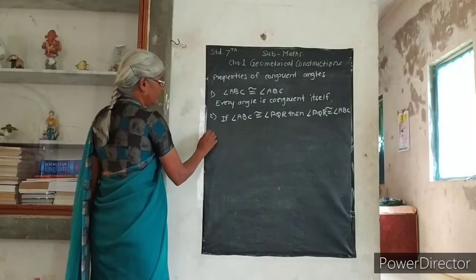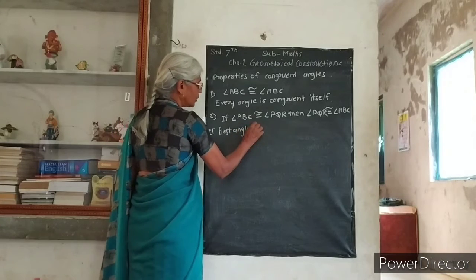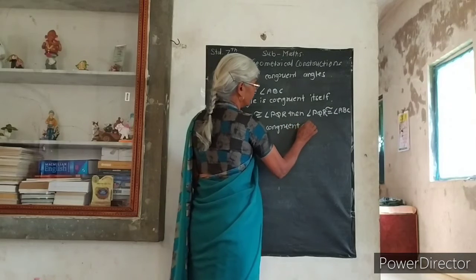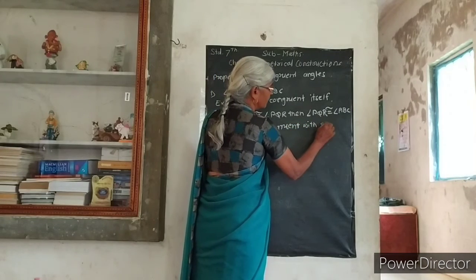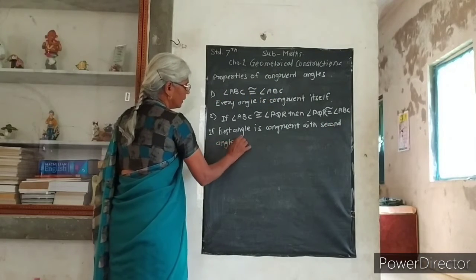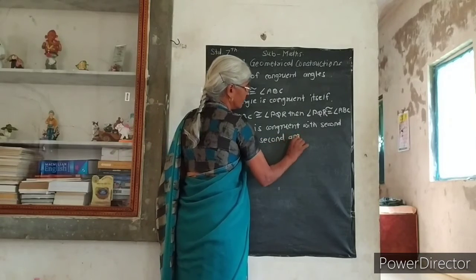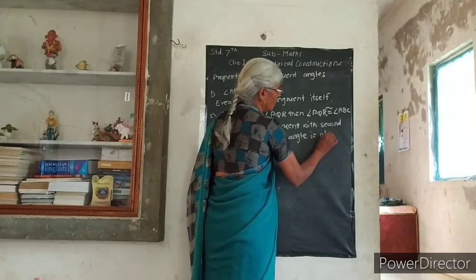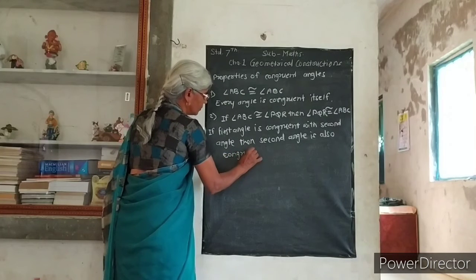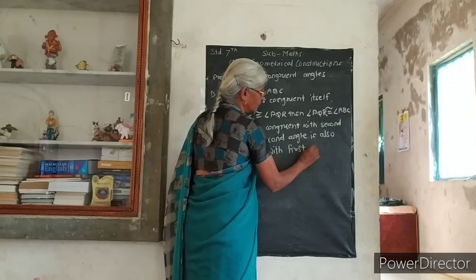Means if the first angle is congruent with the second angle, then the second angle is also congruent with the first angle.